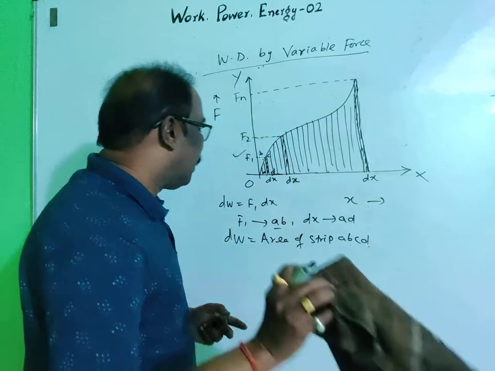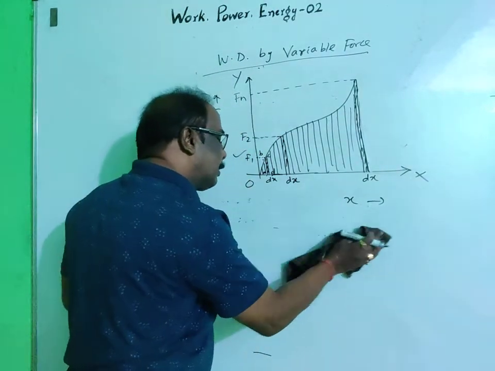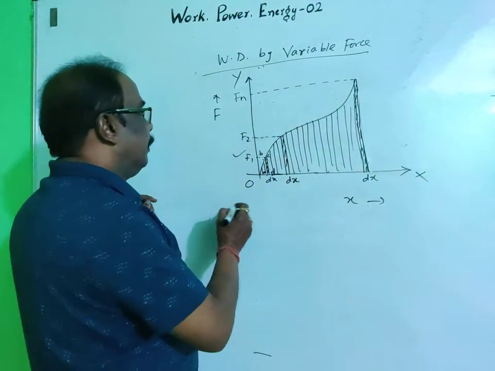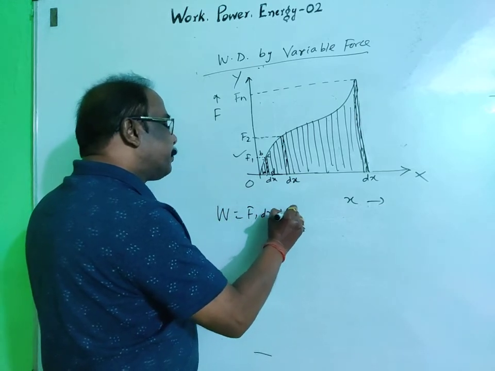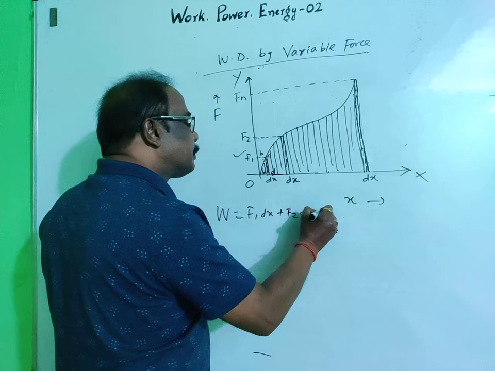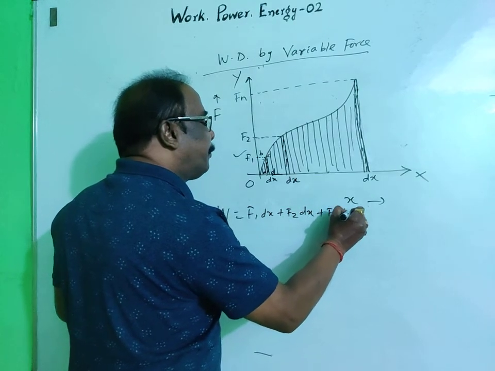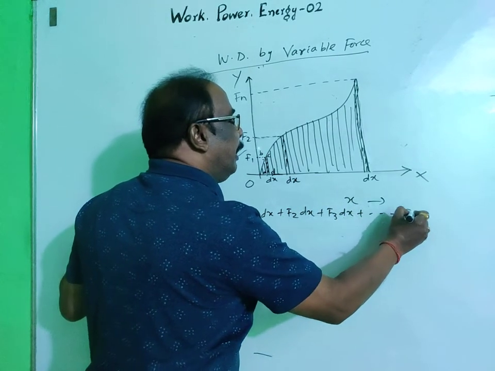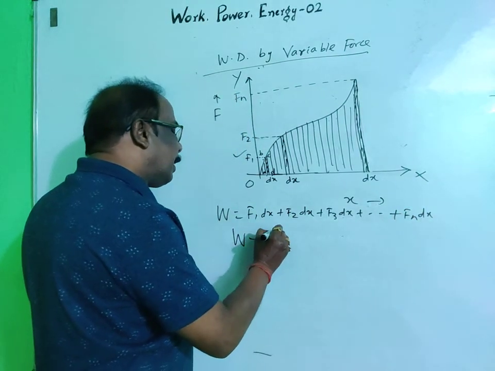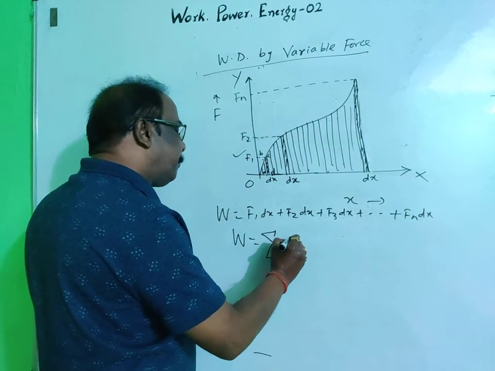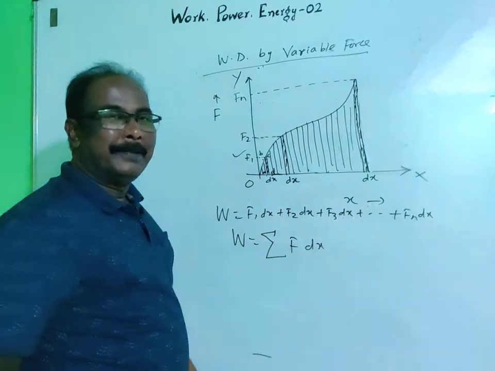Then what is the total work? Total work is equal to F1 into dx plus F2 into dx plus F3 into dx up to Fn into dx. This means we can write total work is equal to the sum of F dx.